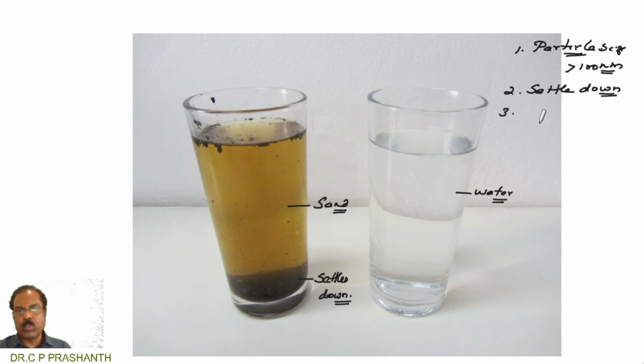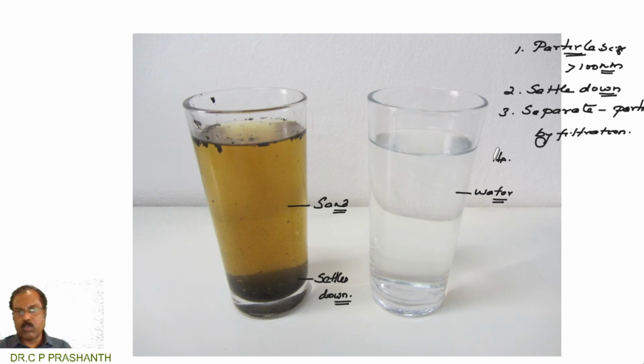And do you think these particles can be separated by filtration? Definitely. So we can separate the particles by filtration. I'll explain what filtration is actually about, how it is done. And the particle size we have already seen, they settle down because they are under the gravity.